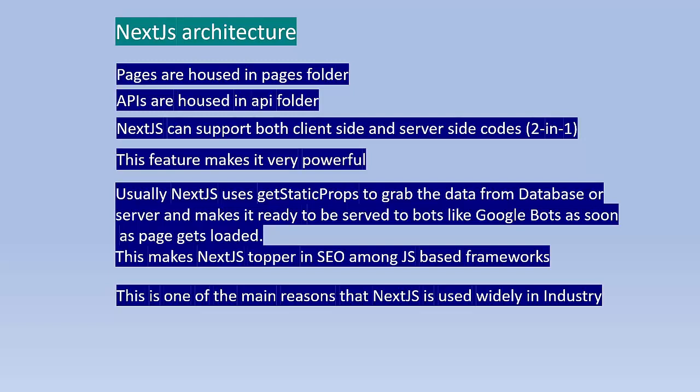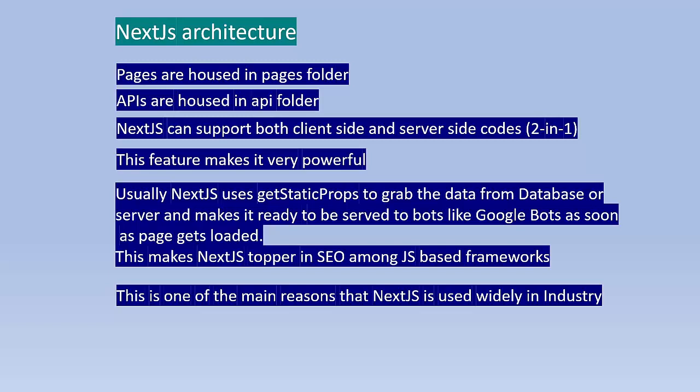Just for example, ReactJS does not have that feature. It is mostly a bundle type of architecture where this scenario does not happen, and hence Next.js is a topper for SEO. This is one of the main reasons that Next.js is used widely in industry.